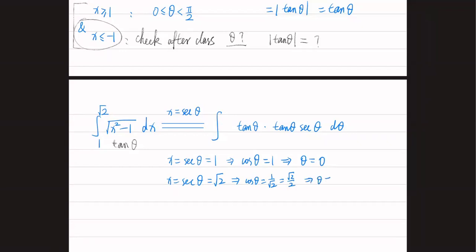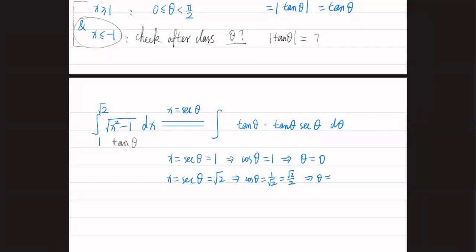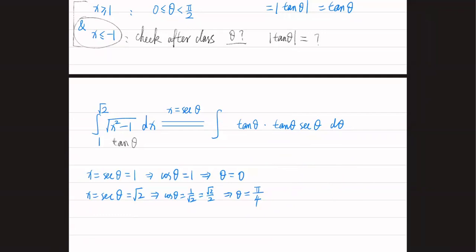So what's theta? Pi over 4. All right, so we found the new limits: 0 to pi over 4.